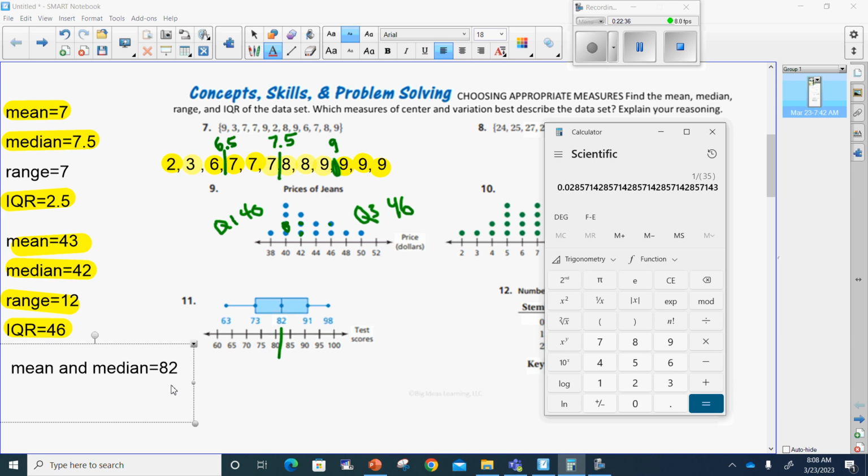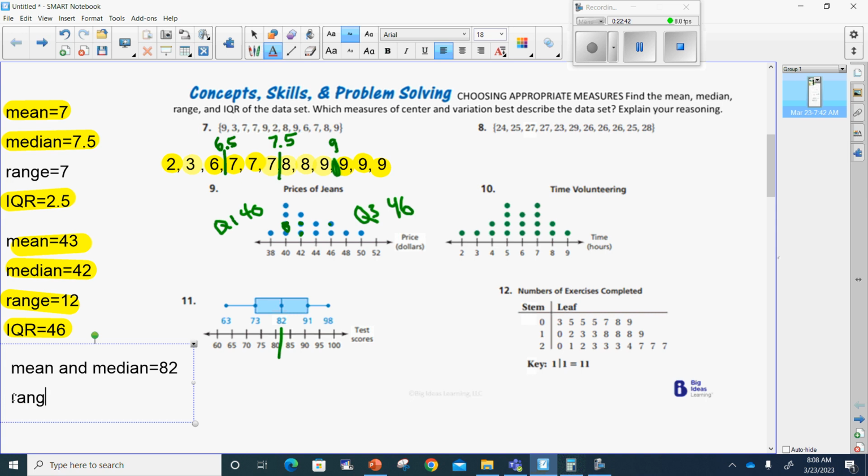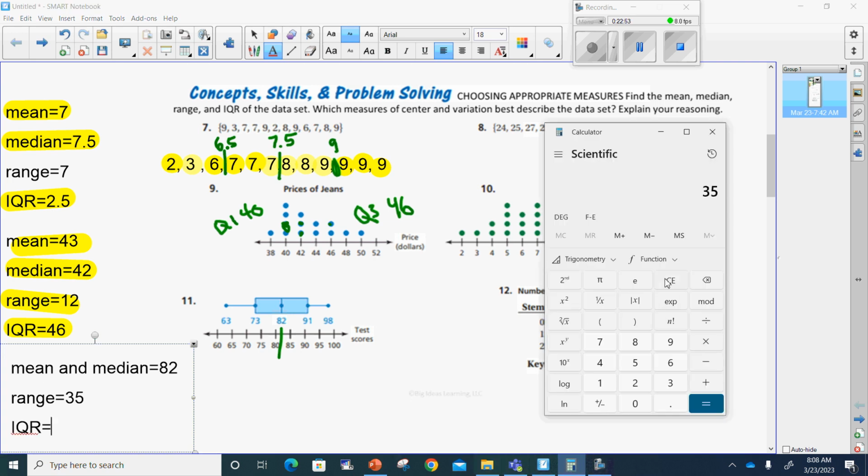So my range equals 35. And my interquartile range, that's going to be 91 minus 73. So when I take 91 minus 73, that's going to give me 18.